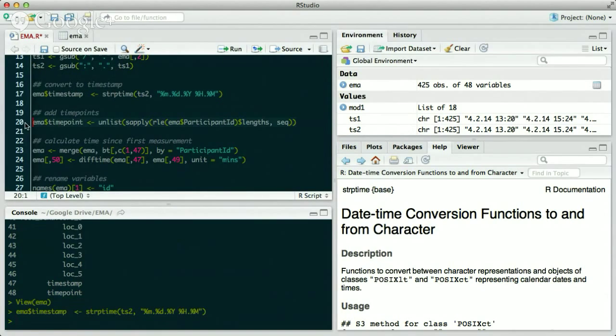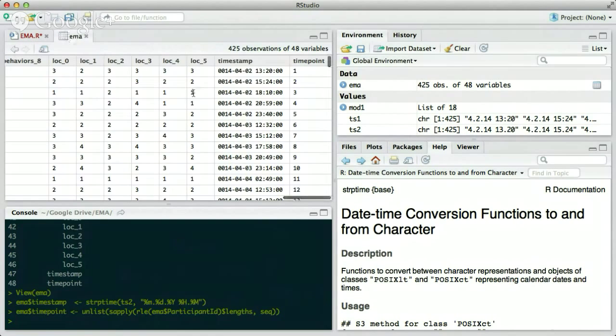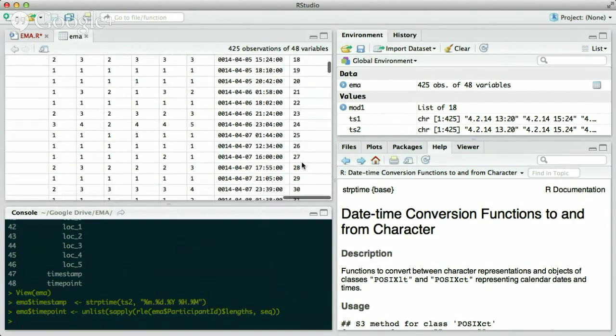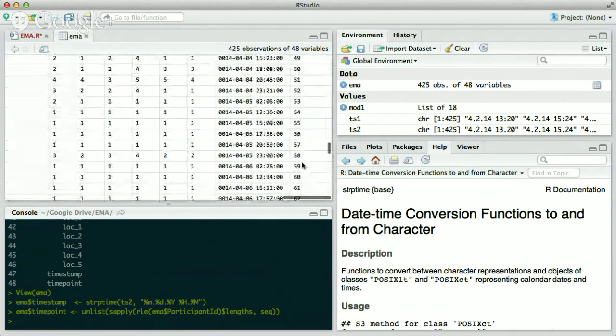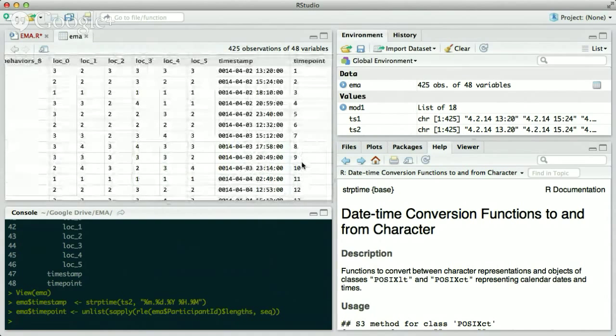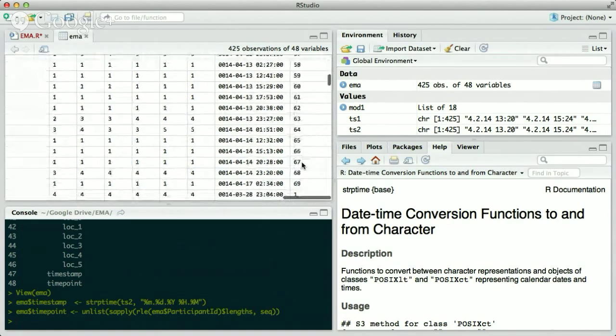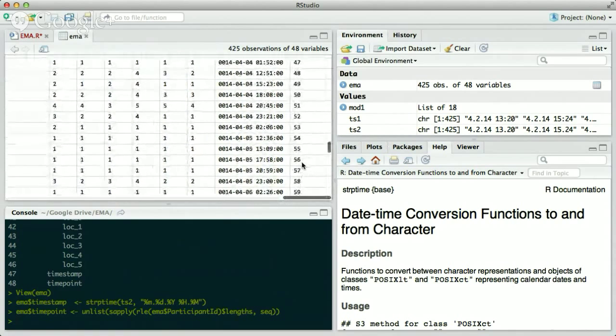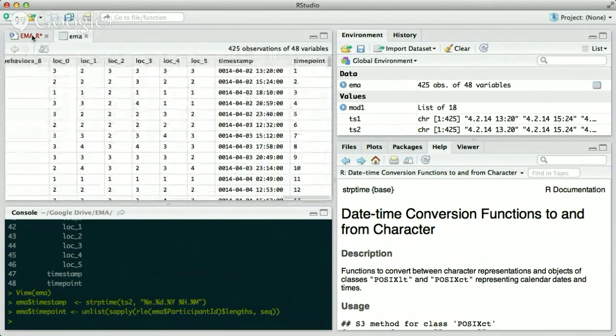Then add a time point. From this time point, what I did is put in, from the first point that they were beeped, what point after that. So you can see for each participant it varies. Right now this isn't a complete data set.